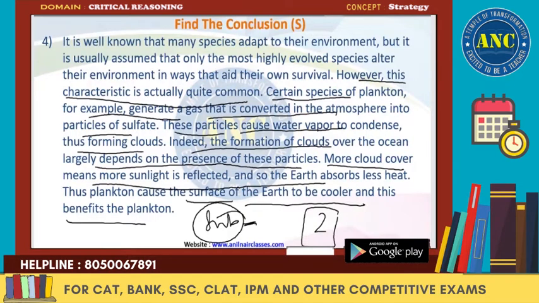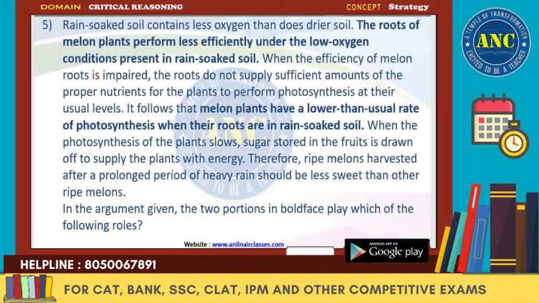One is the main conclusion that this characteristic is actually quite common, and because of this particular reason, plankton causes the surface of the earth to be cooler and hence benefits the plankton, is the sub-conclusion, which in turn illustrates the main conclusion.